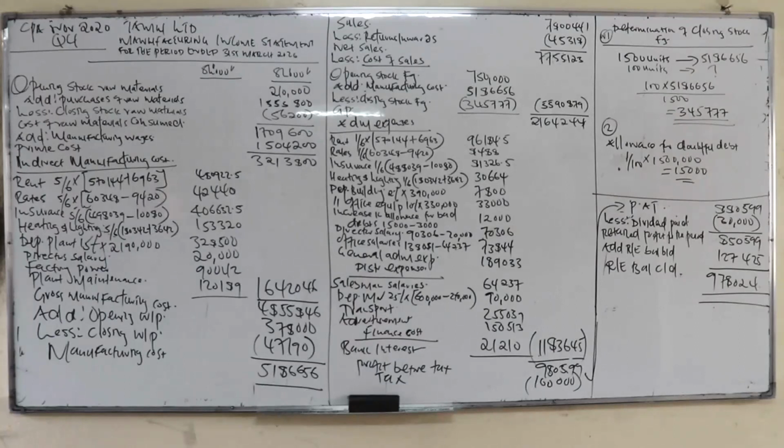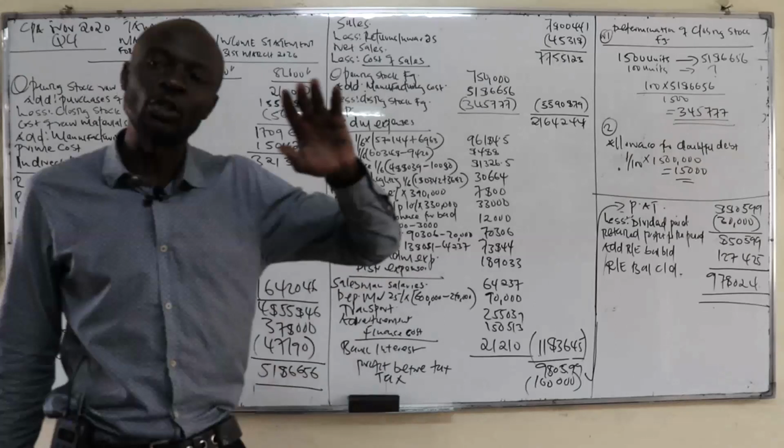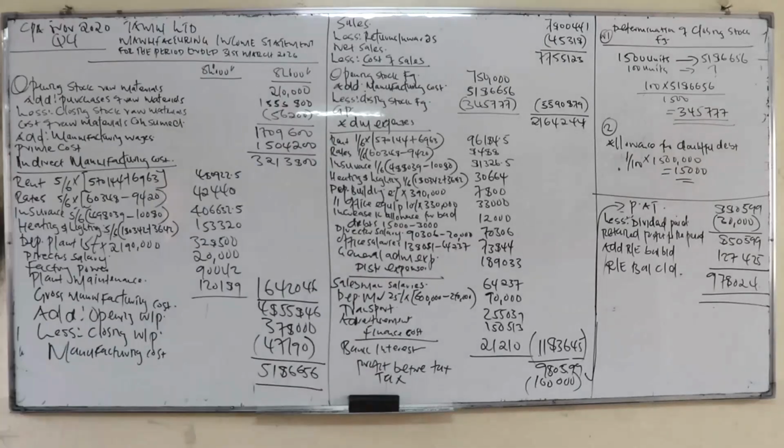Yes. Provision, I told you, if it is in the trial balance, it is like accruals. It means it has not been paid, so you recognize it. You deduct it from the profits here. Okay? Provision means it is not in the trial balance, we say it is in the additional information. If it were in the trial balance it would mean it has been paid.